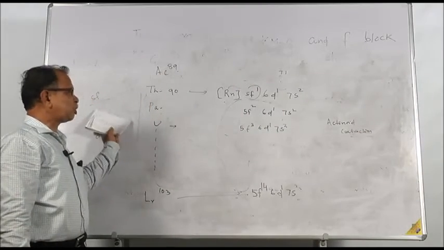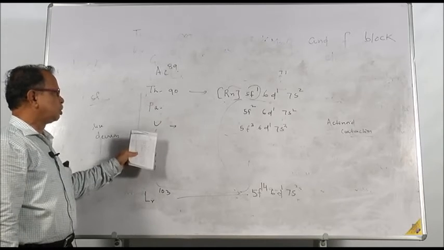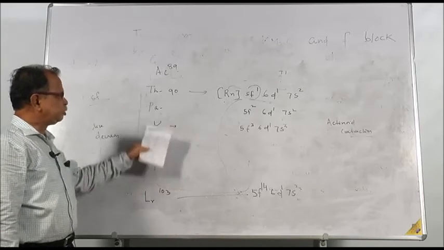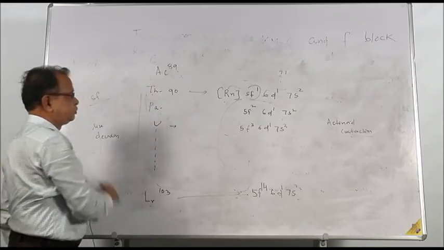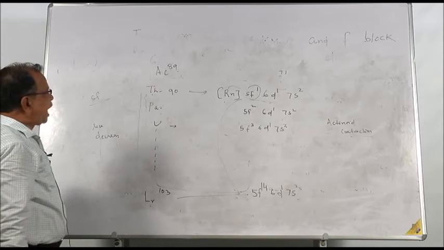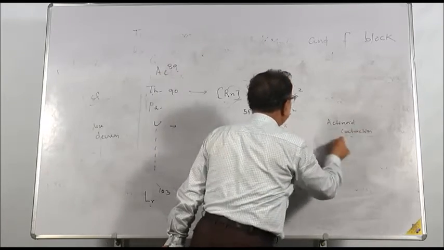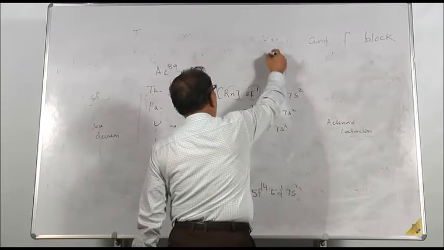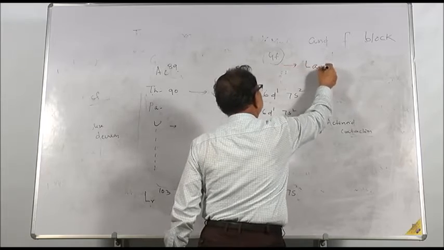We can explain this by 5f electrons: the size gradually decreases from thorium to Lr. Therefore, this decrease is due to actinoid contraction. In the 4f orbitals, I have told that it is the lanthanide contraction.